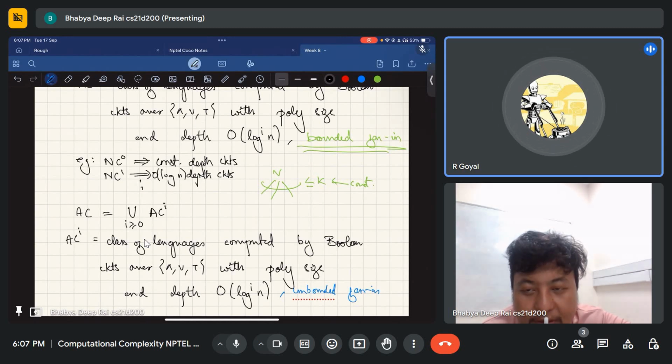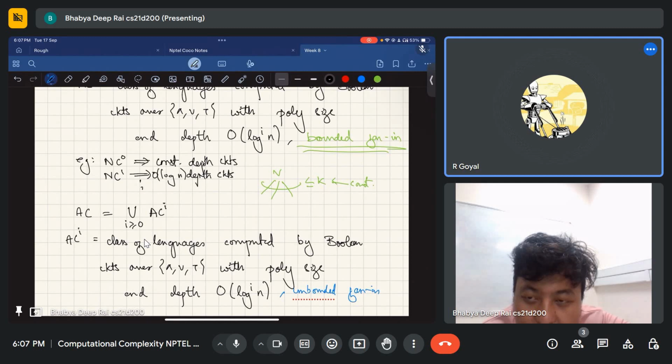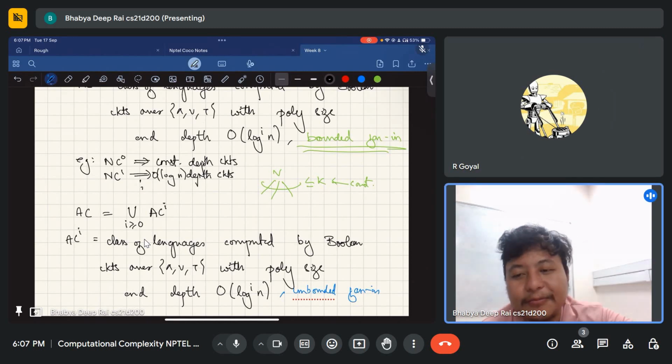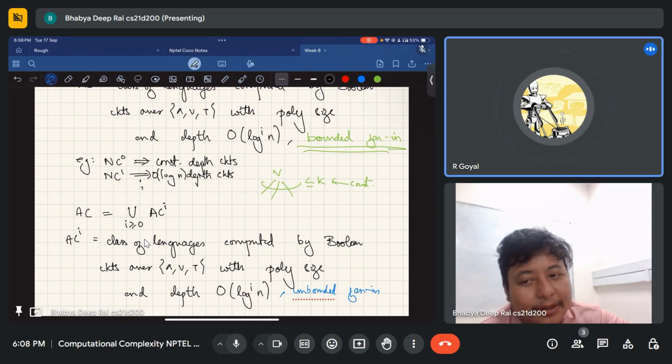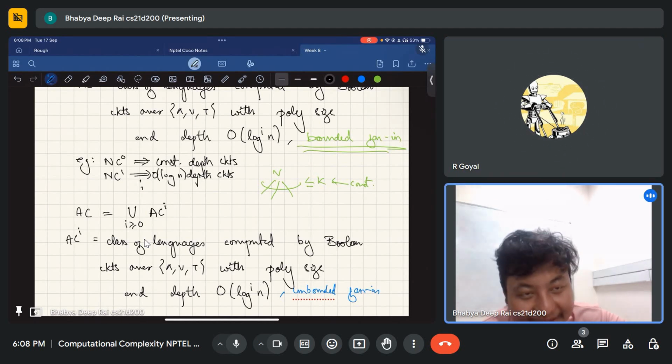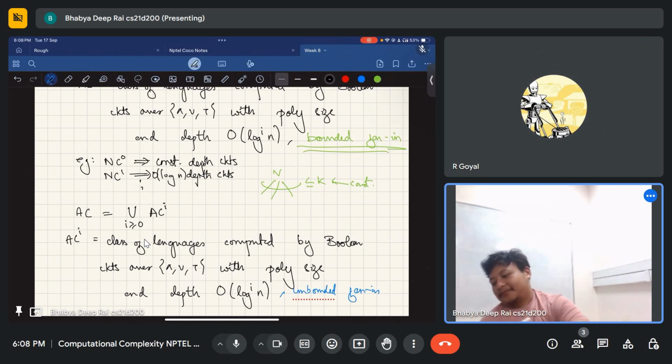Then why consider NC1 or NC2? So wait, the depth is continuously increasing as NCi, right? As i increases, constant is always smaller than log n, and log n is smaller than log squared n. Yes. So you can imagine it to have slightly more power as the depth increases.